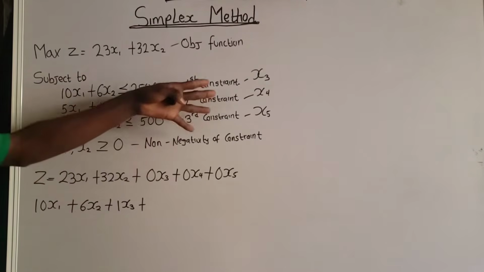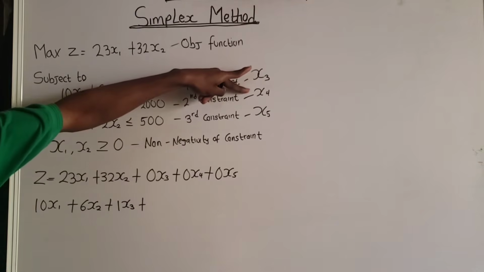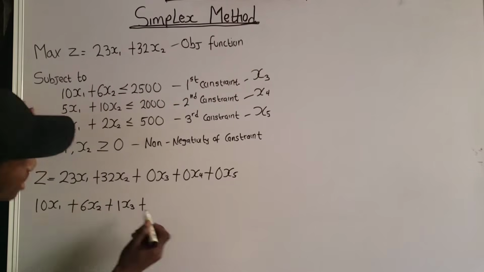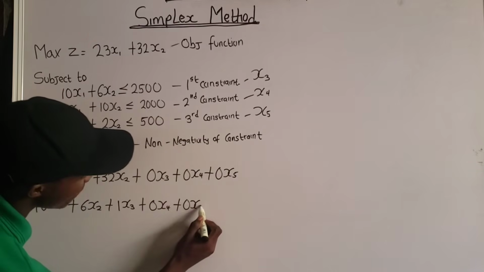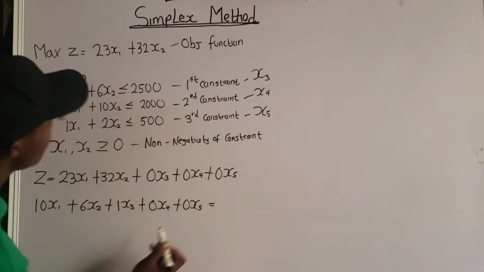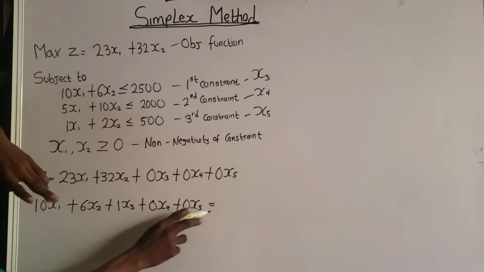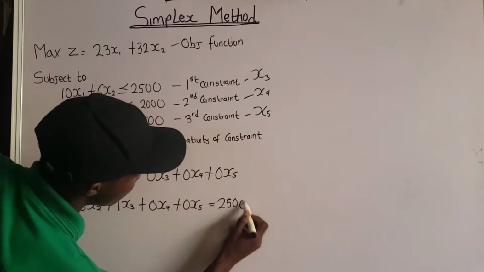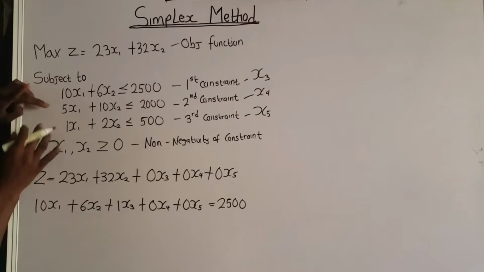Other slack variables that belong to other constraints will take 0 as their coefficient in constraint 1. You understand? Because they didn't belong to constraint 1. So I'm going to have 1x3 plus 0x4 plus 0x5, you understand, and the inequality sign here we change to equals to sign. So I'm going to have is equals to 2500.